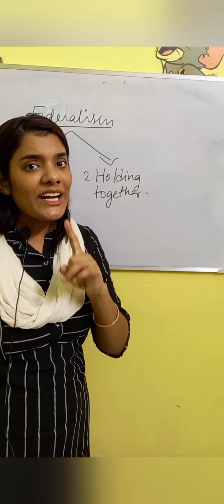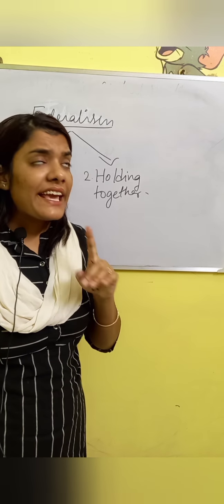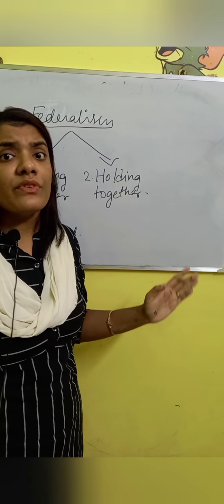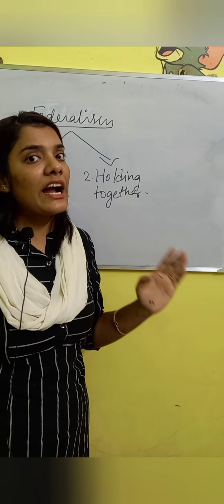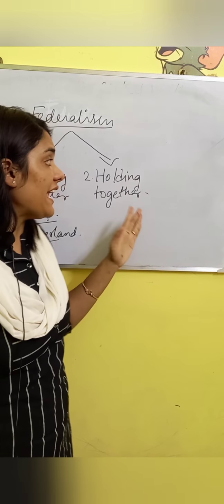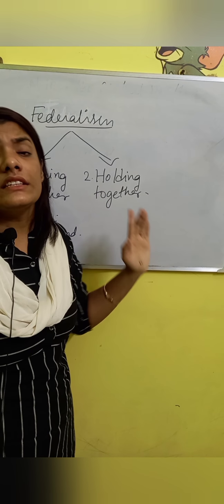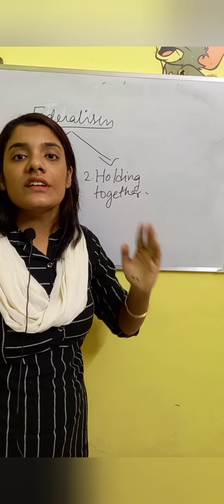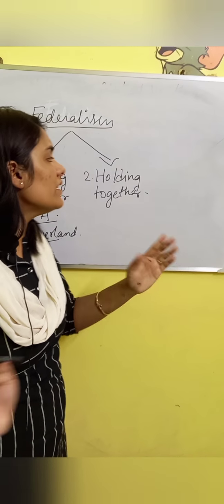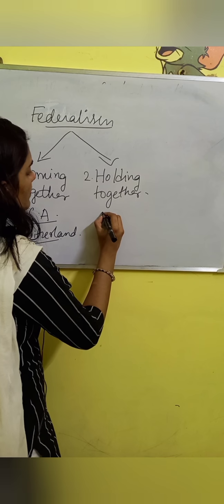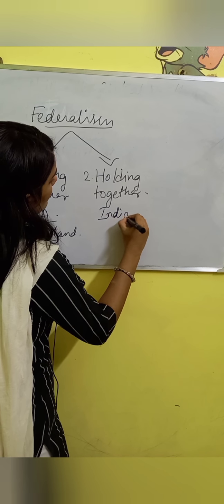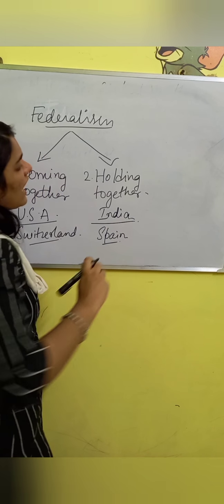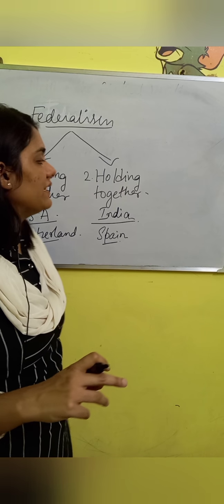In a coming together federation, all the constituent units have equal power along with that of the central authority. But in a holding together federation, the central government is more powerful than the different constituent units. What are the examples of holding together federation? First is our own country, India. Second is Spain.